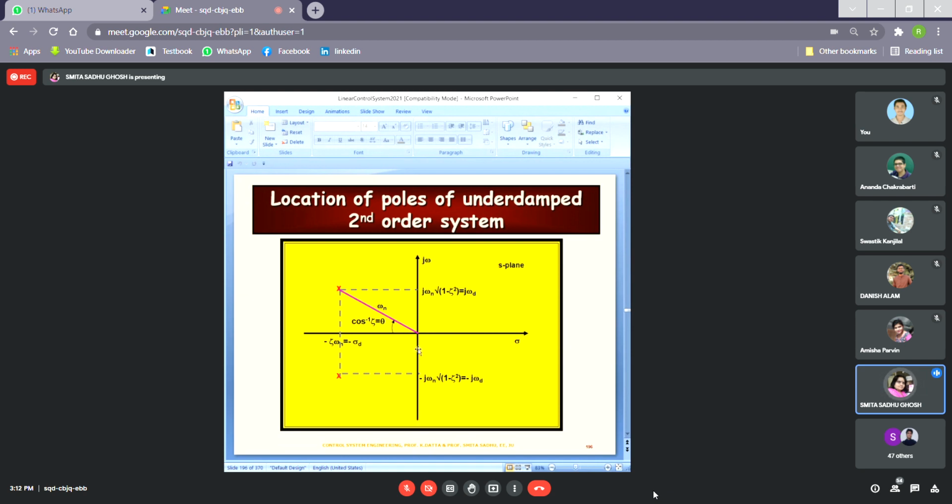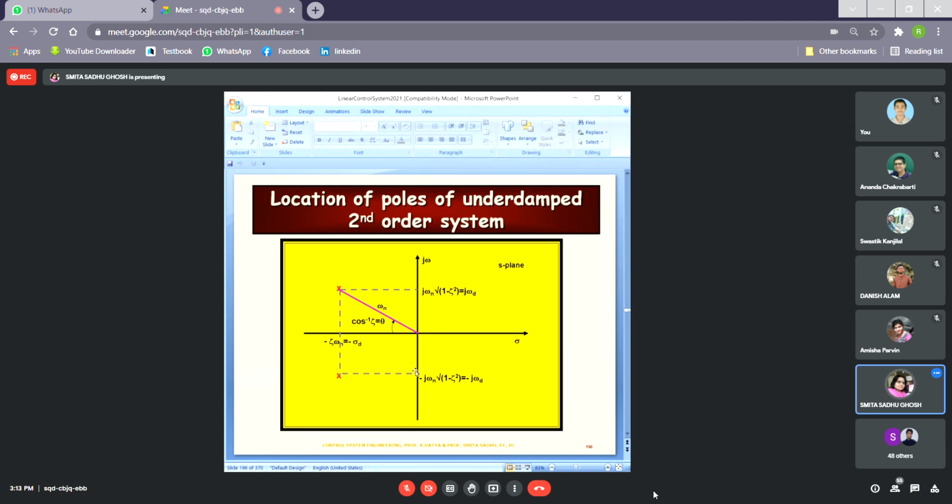The real part of a complex conjugate pole pair, because we are considering the underdamped case, is a complex conjugate pole pair on the left half of the S-plane. The crosses indicate the pole pair, which are complex conjugate in nature. The real part of the pole pair is given by minus zeta omega n, which is also denoted as minus sigma d.